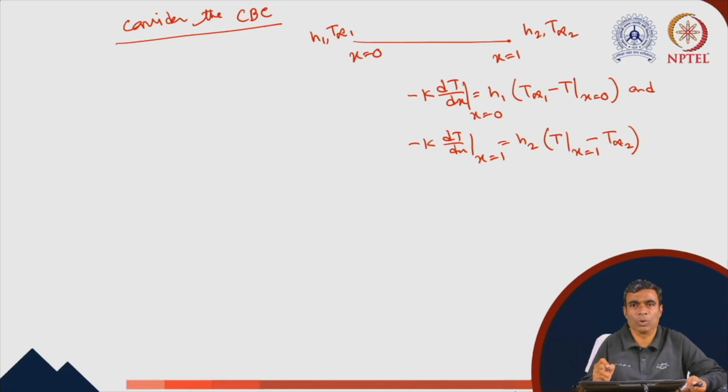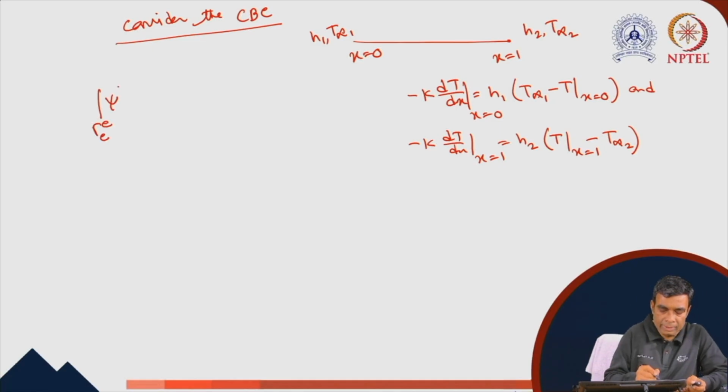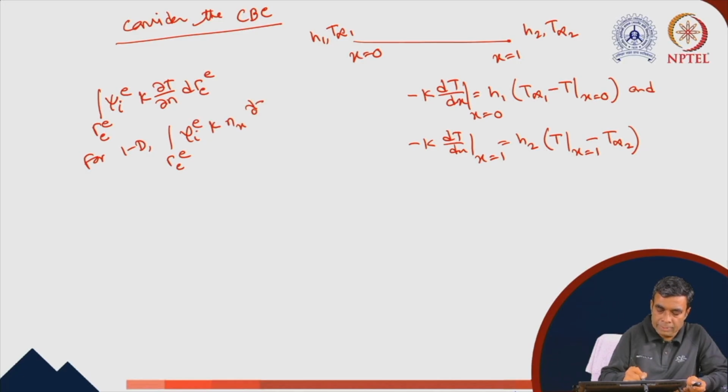Now, let us go back to the boundary integral. The boundary integral was integration over Γ_CE of ψ_IE K ∂T/∂n dΓ_CE. Now, for one dimension, this expression reduces to integration over Γ_CE of ψ_IE K n_x dT/dx dΓ_CE.